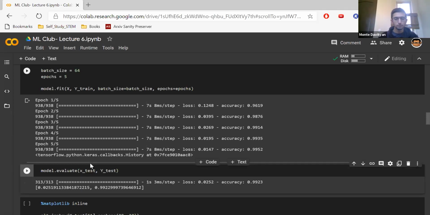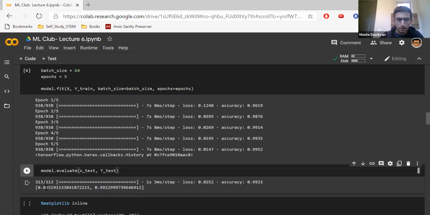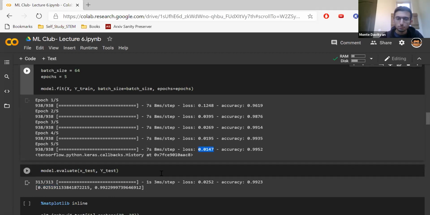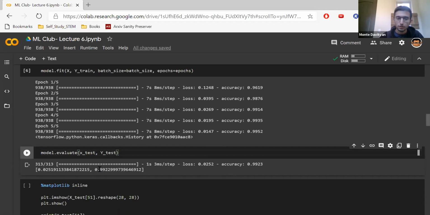When we actually run this, we see it did learn something, right? 99.2% accuracy, a little lower than the training accuracy, but that's okay. And the loss, you can see it's a little higher than the training loss, but that's okay because it's pretty close. And we got a pretty high evaluation accuracy, which is really good, right? It's almost 100%, which means it's almost perfect, which is pretty impressive.